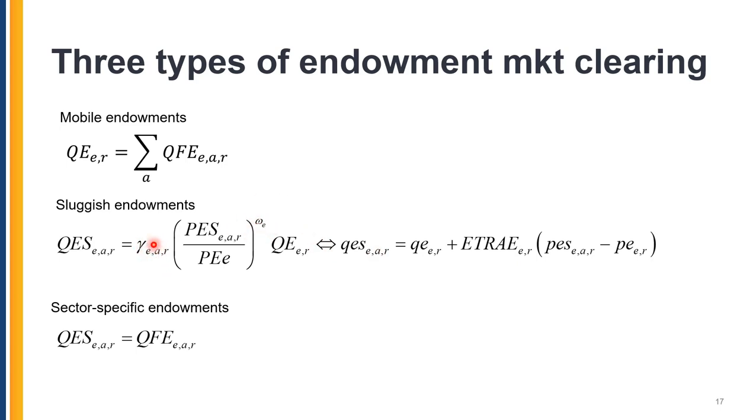This scale term goes away in the differentiation, but this elasticity survives to pre-multiply this. If you think about log differentials, this factor moves down to become the pre-multiplier of log of PES minus PE sub E. That's supposed to be a subscript there.